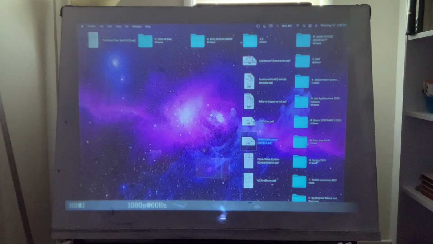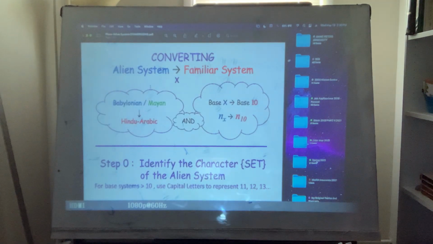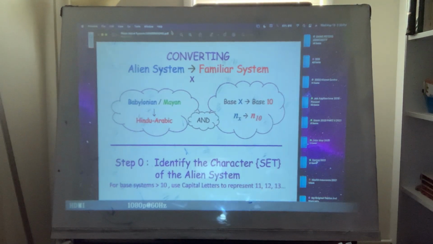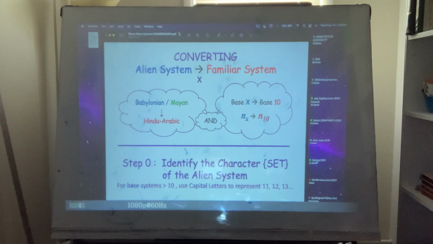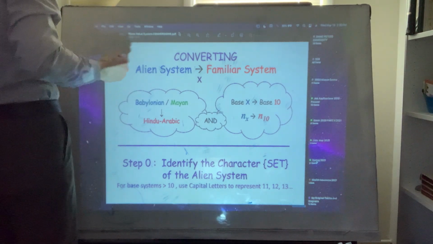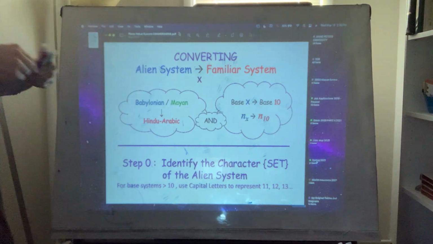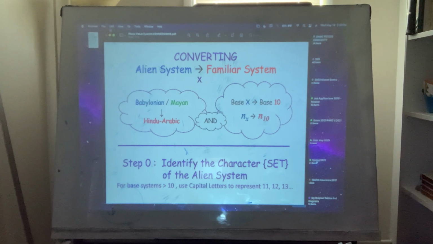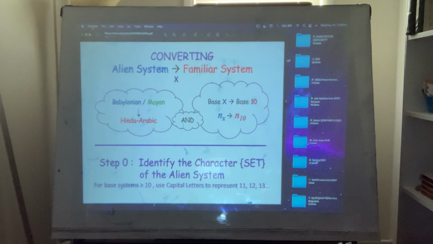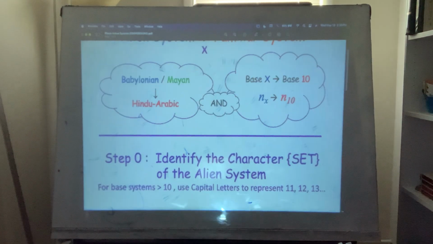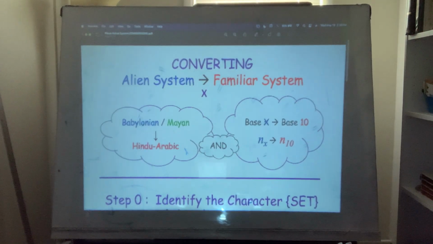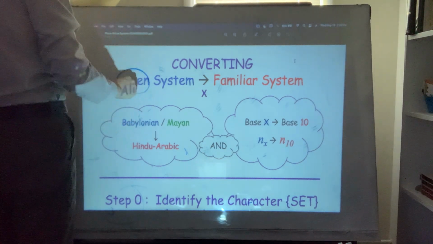Okay. There's this idea that I came up with to try to give you procedures. I'm dubbing, perhaps, I don't mean to be unkind about it, the systems that we are not generally familiar with as alien. So, what is alien?